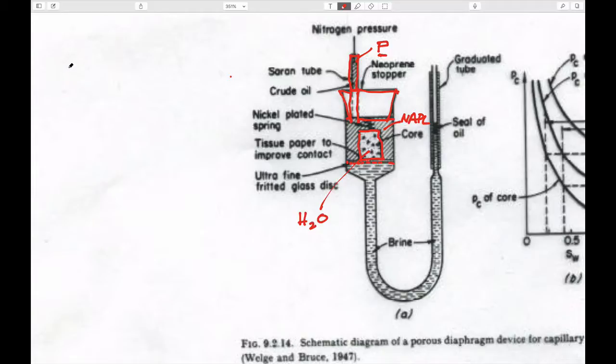And the experiment would allow us to draw a particular graph, which we'll call a capillary pressure saturation curve.